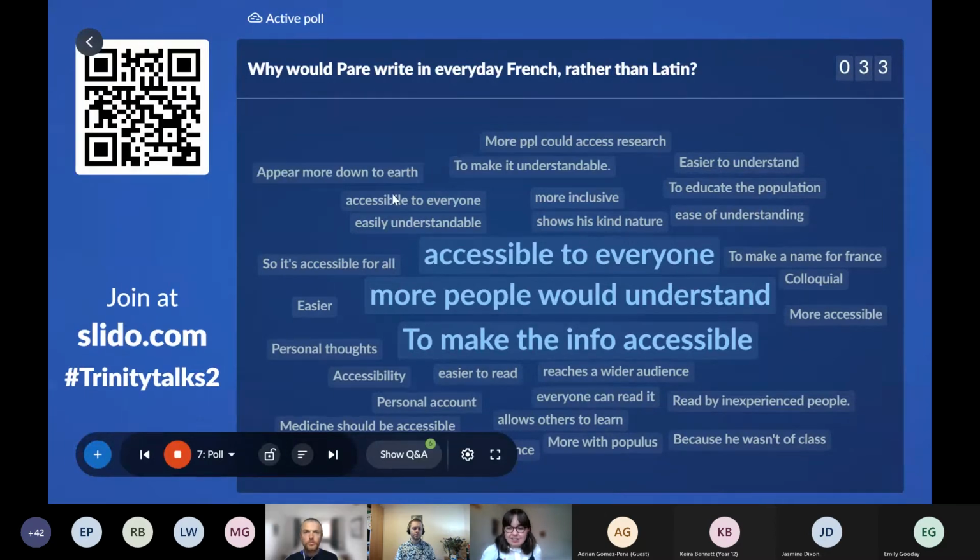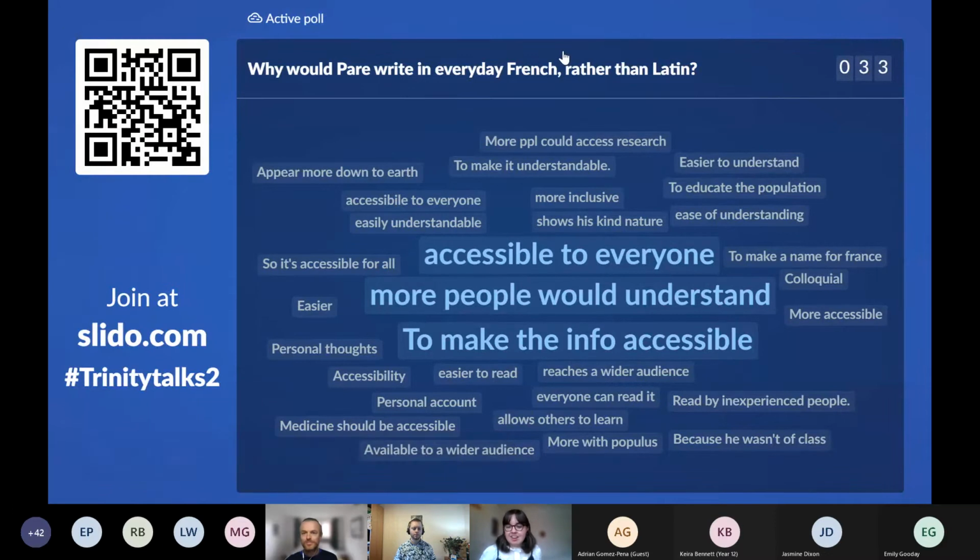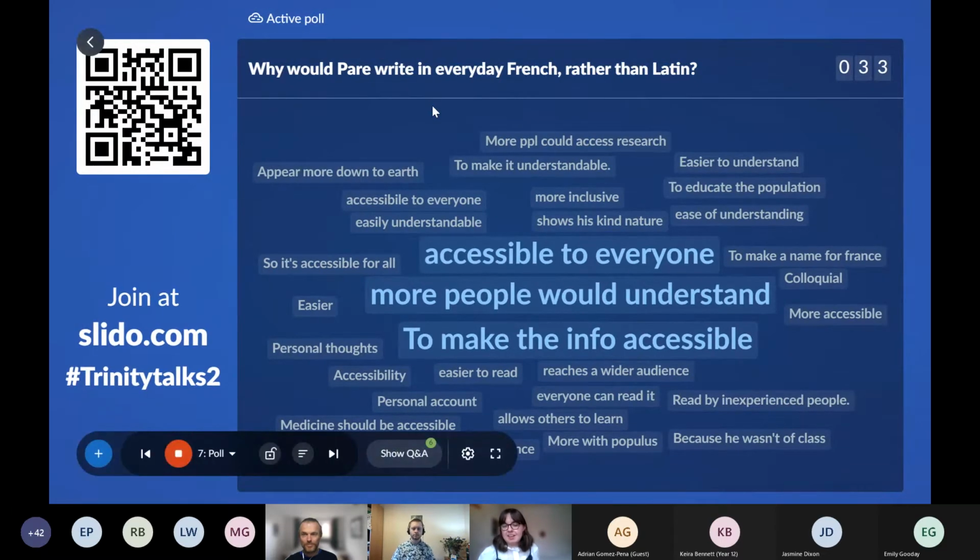He could educate the everyday people who were trying to learn how to become surgeons by writing in French in a way that they could understand, and reaching a much wider audience. I really also like that some of the other answers that we've got in here are talking about a personal account and a place where he can write down his personal thoughts.